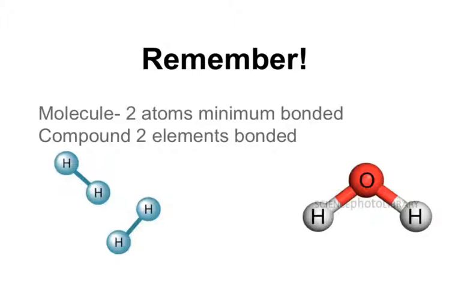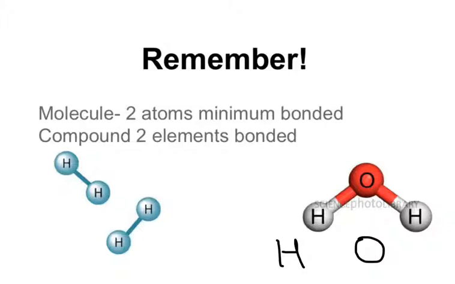So that's one type of element present in this compound: hydrogen. Another element present in this compound is oxygen. So I have two elements present, hydrogen and oxygen. As you can see, this right here is an example of a compound. Why? Because there's two elements.